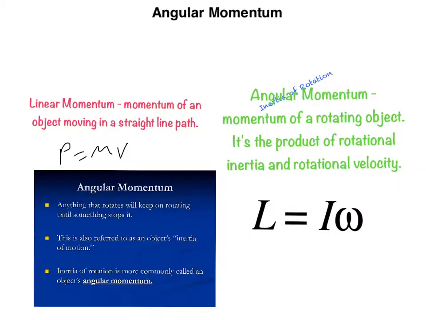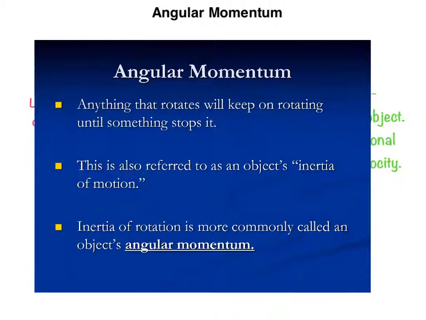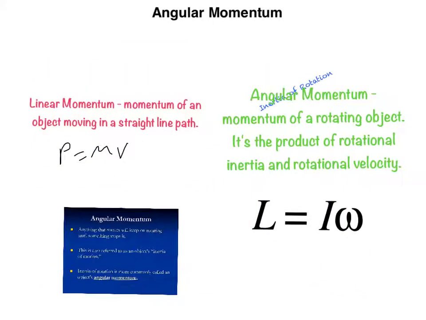So to put all this together, angular momentum tells us that anything that rotates will keep on rotating until something stops it. This is referred to as an object's inertia of motion, and that inertia of motion is more commonly called angular momentum.